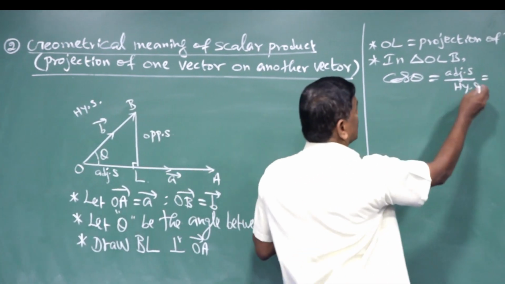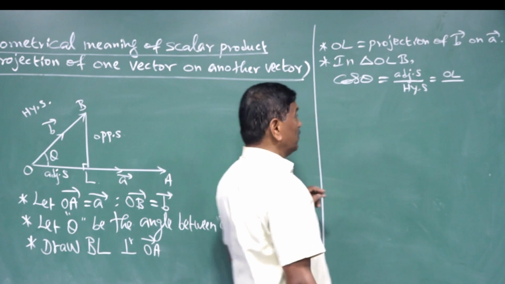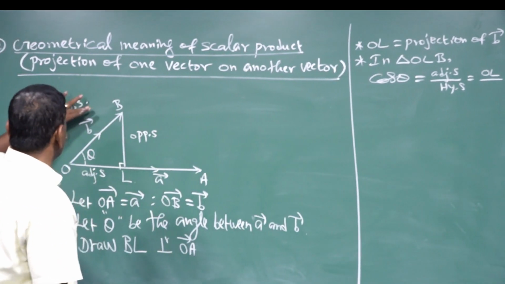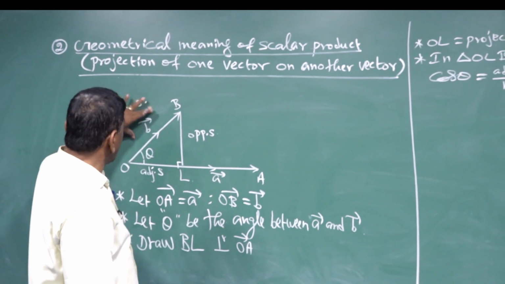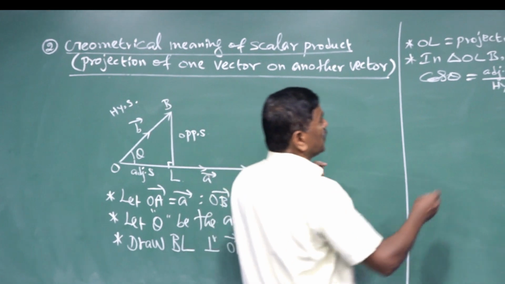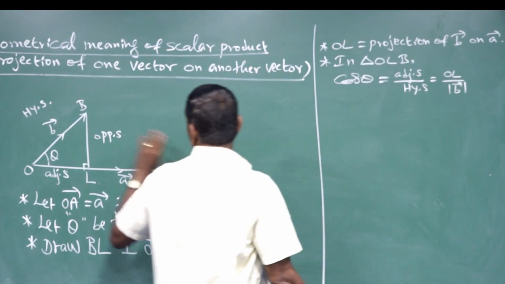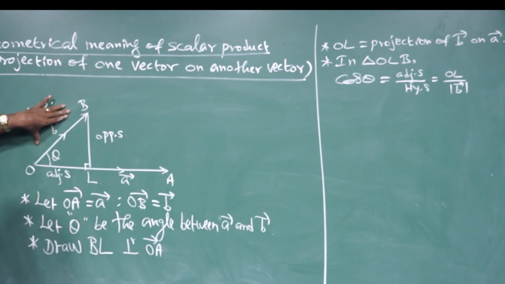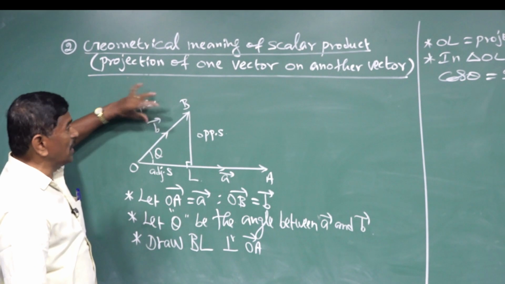So cos theta equals OL divided by the hypotenuse side, where the hypotenuse side is modulus B vector. Modulus OB vector is equal to modulus B vector.